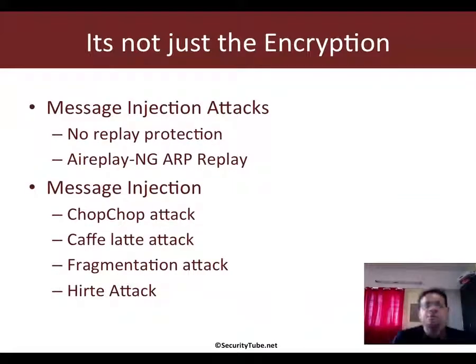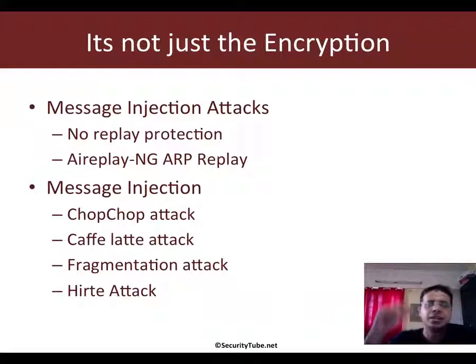So in a previous video, we actually saw how WEP can be cracked using a simple replay attack. Now, unfortunately, it is not just the way WEP encryption works that is flawed. There are many other attacks which are applicable on WEP. The first being message replay attacks. The primary reason is there is no replay protection.